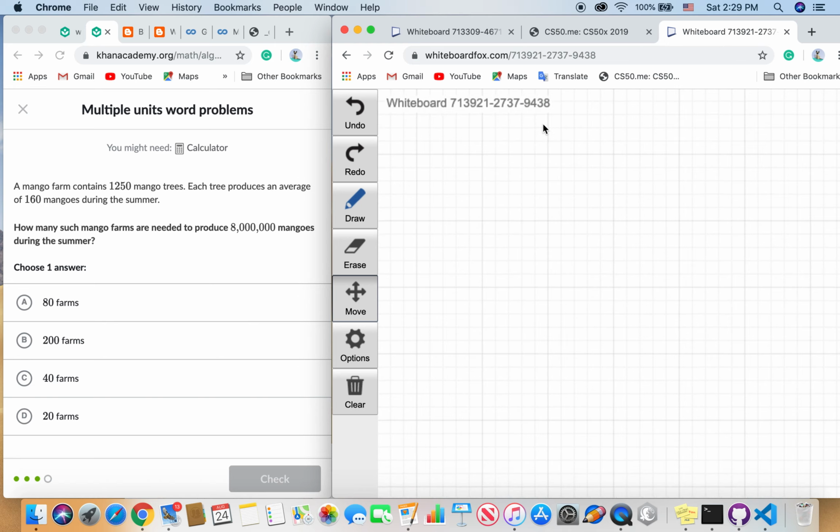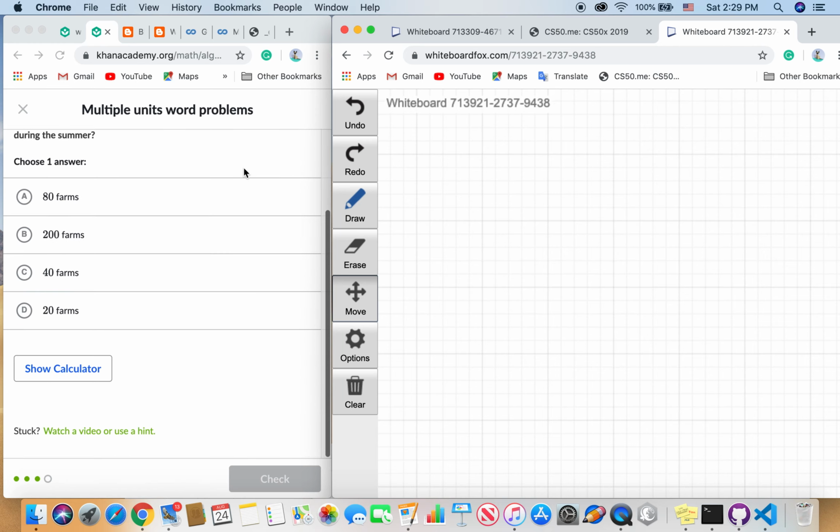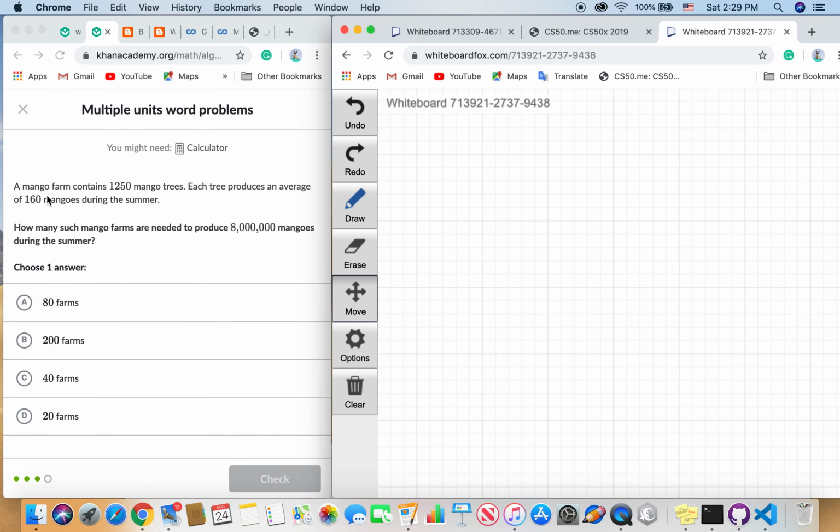Alright, final question. Pause here, since we did 3 questions. See if you can figure out this question on your own. Alright, so a mango farm contains 1,250 mango trees. Each tree produces an average of 160 mangoes during the summer. How many such mango farms are needed to produce 8 million mangoes during the summer?